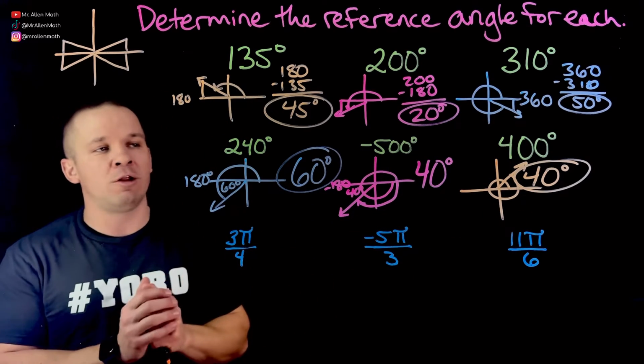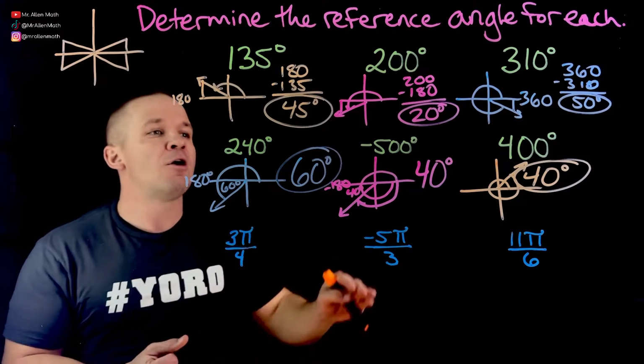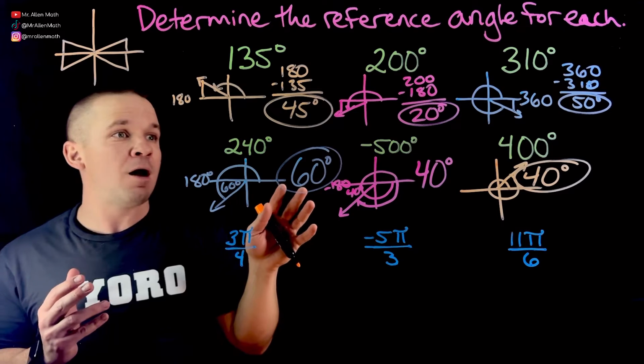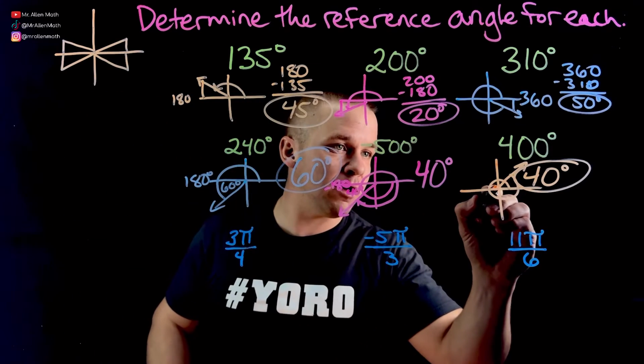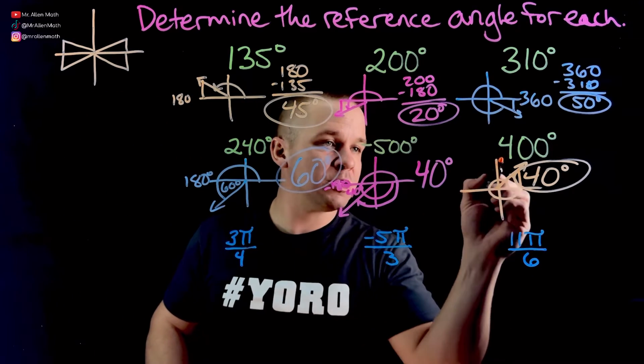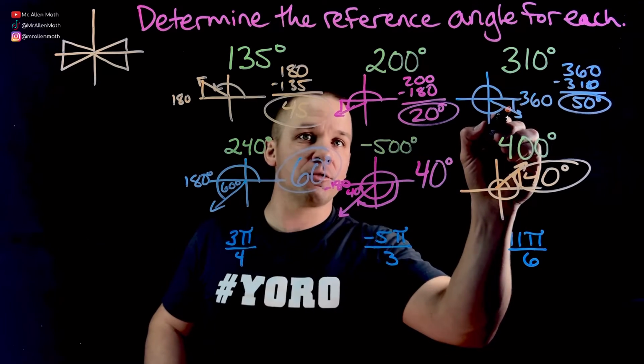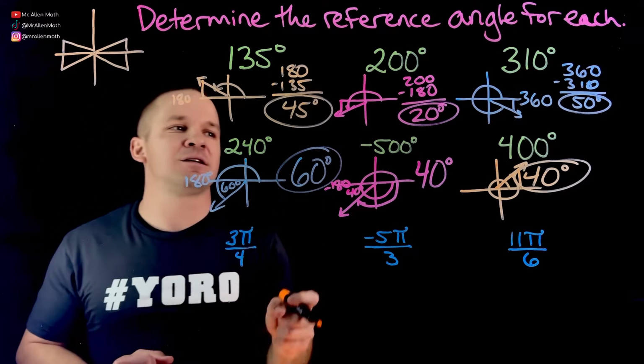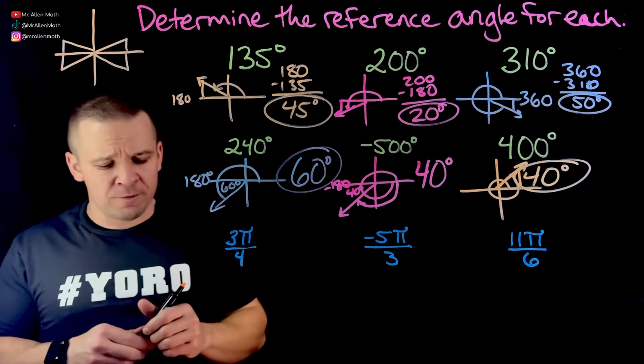However you want to look at it, I'm 40 degrees away from the x-axis, so 40 is my reference. That's this guy right here. I think we got them all. We got the triangle right here. So we got the first quadrant bow tie, the fourth quadrant, the third, and the second. All four of them to form that wonderful little bow tie.